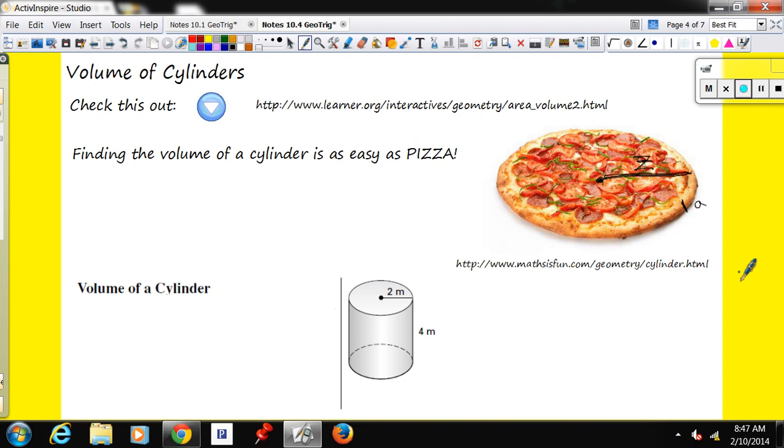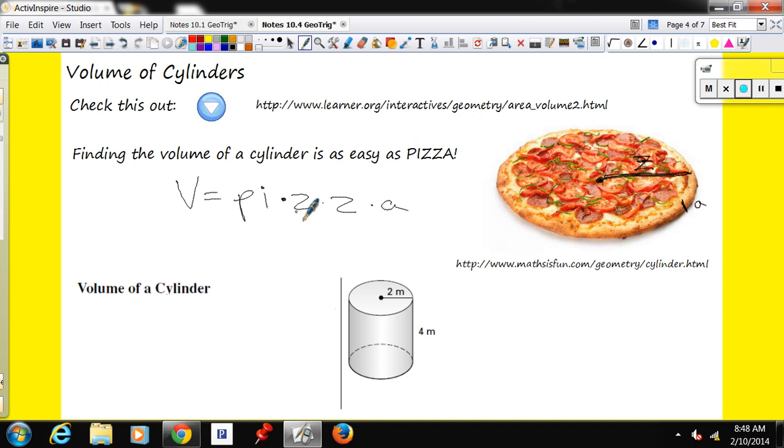My volume is going to be pi times radius squared. What's my radius? Z, so z squared, times the height, which is what letter? A. And what did we just spell? Pizza. So the volume is pizza: pi times the radius squared times the altitude, or the height.